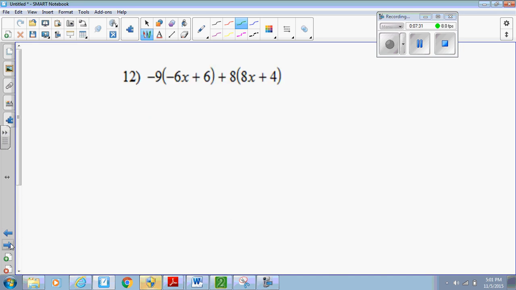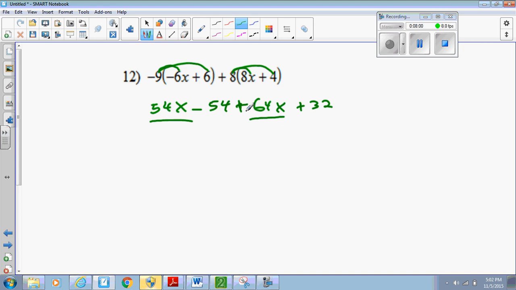Okay, let's move on a little bit. This one here is actually just a straightforward 8th grade problem. We're going to distribute this, so negative times a negative is positive, 54 times x, minus 54, and then plus, distribute this, plus 64x, plus 32, and I combine like terms. 54 plus 64 is 118x.